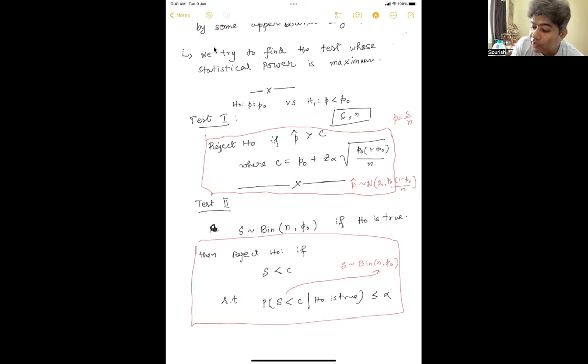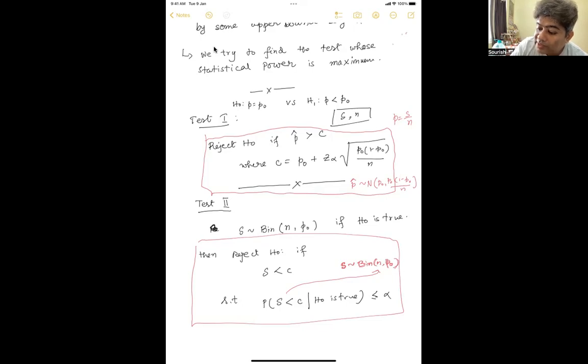And here, your estimator is S, and S is following binomial n, comma, P naught. Correct?